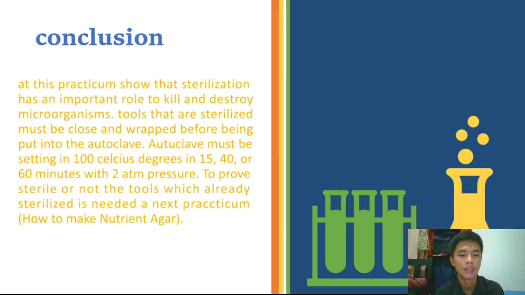The autoclave must be set at 100 Celsius degrees for 15, 40 or above, and then the pressure is 2 atm. To prove whether the tools which have been sterilized are sterile or not, we need a next practicum, which is how to make nutrient agar.